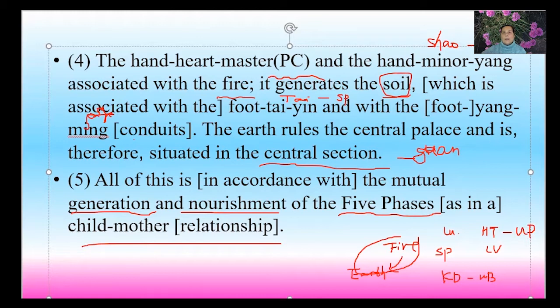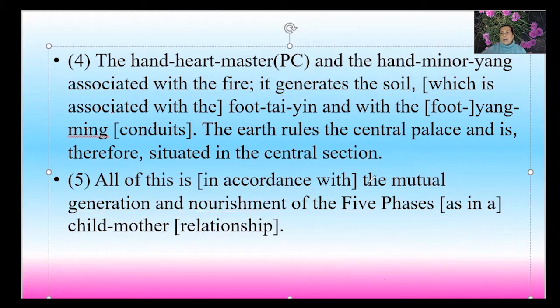Certainly, we can also understand the pulse as upper, middle, and lower, which is even easier. The upper position relates to the upper jiao: the heart and the lung.